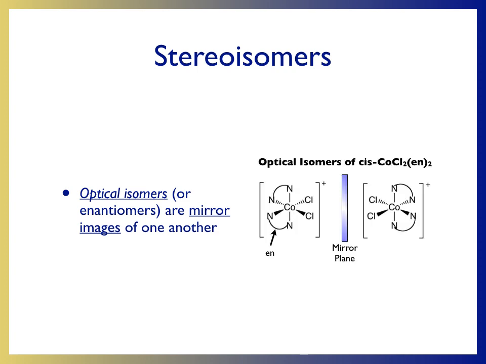Here's an example of optical isomers of a transition metal complex that contains chloro and ethylenediamine ligands. It's important to note that this complex also has cis and trans isomers. However, the cis isomer has an optical isomer, that is, an isomer that's its mirror image.